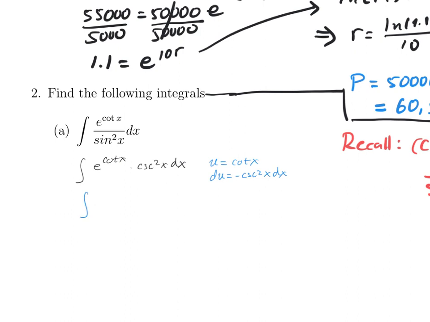So therefore, this should be e to the u du, and to balance this, you need a minus sign in front. So the integral for this is minus e to the u plus c, where u is just cotangent x, so minus e to the cotangent x plus c. And that's it.